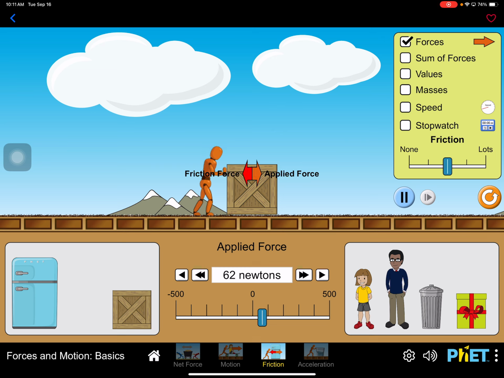It's equal to the applied force. When the object is not moving, you're pushing it in that direction, and if there was no friction, the object would move in that direction. So the friction force is in the opposite direction of the tendency to move, and it's a static friction force because the object is not moving. For instance, if you stood on this side and pushed in that direction, the friction force would be in the opposite direction.